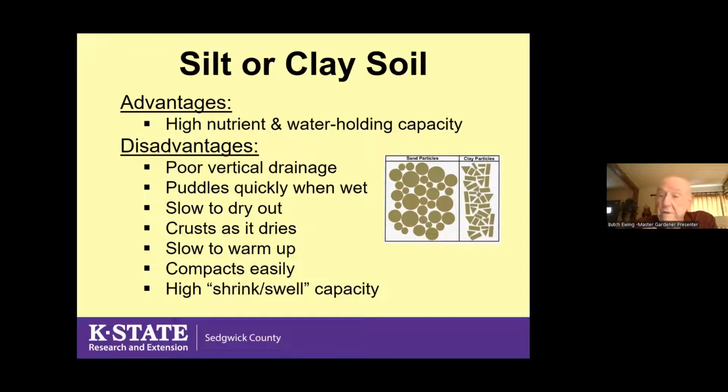Once it gets wet, it stays wet for a long period of time. It'll crust over when it gets dry and it's slow to warm up in the spring. Compaction is a bigger problem with silt and clay soils. Also with clay, you get a lot of movement as you go from wet to dry. You get a lot of shrinking and swelling.